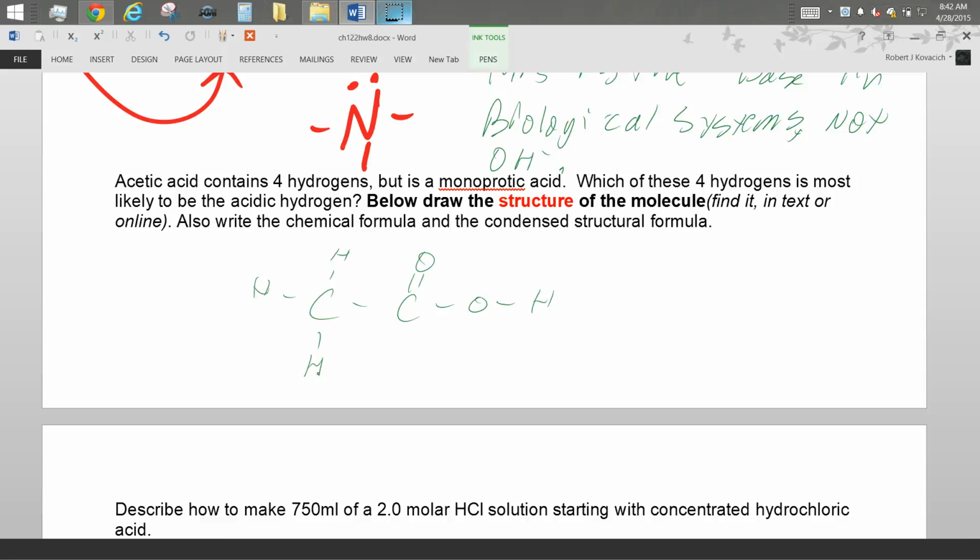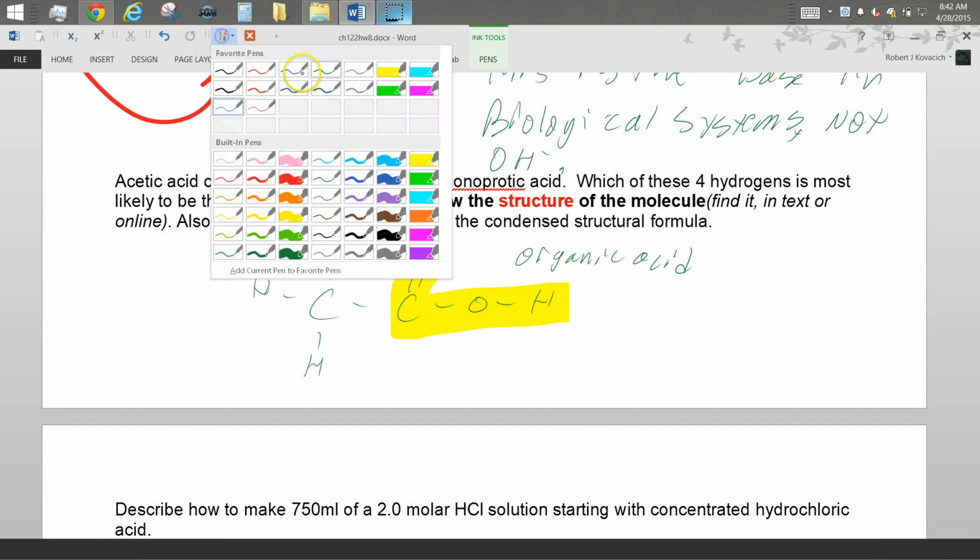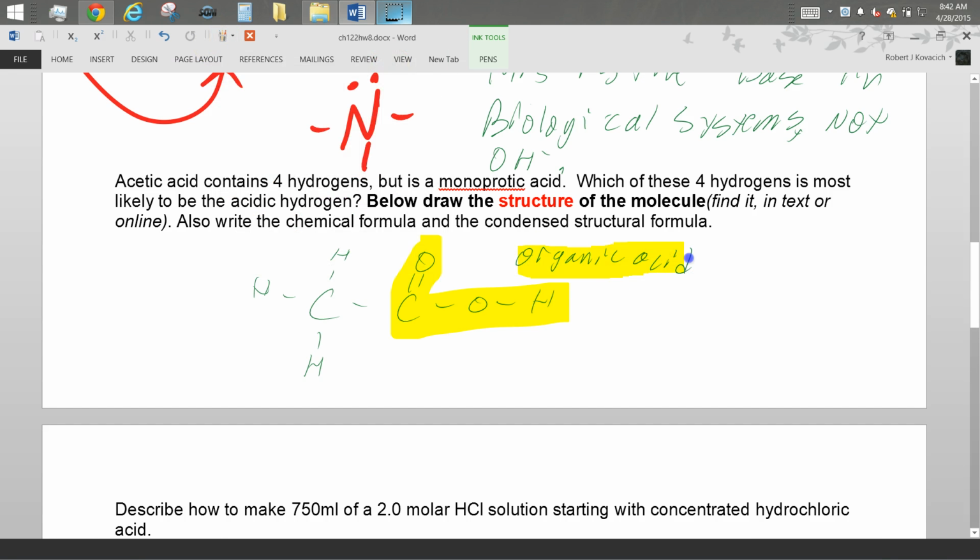Can you give me a couple reasons why? The C is double bonded with the O, and that is an organic acid. So that section of the molecule is considered the organic acid. Anything else?